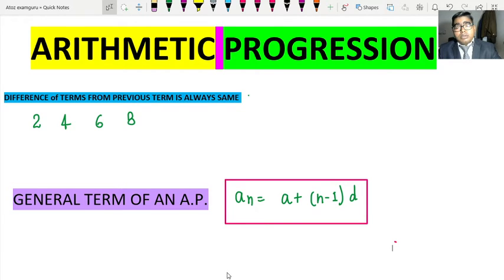Arithmetic progression. So friends, how do we identify which given progression is an arithmetic progression? The criterion for determining any given progression or series is that the difference of each term from the previous term is always the same.